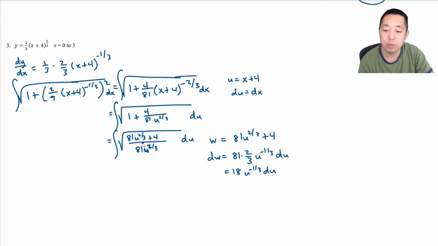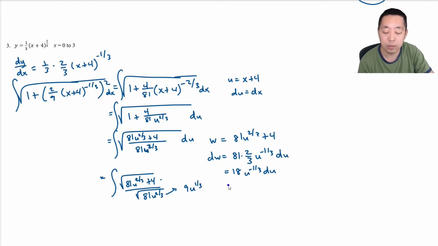Yeah, because if I pulled this part out, I have the square, like pull out this numerator, it's 81 u to the 2/3 plus 4. And then if I divided by the square root of 81 u to the 2/3, that's really, this part changes to 9 u to the 1/3.